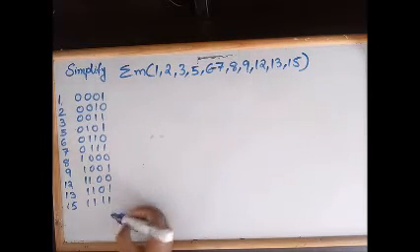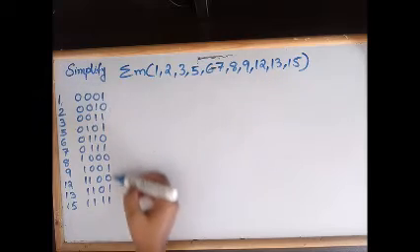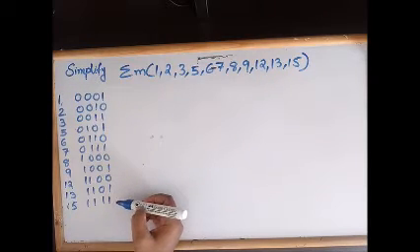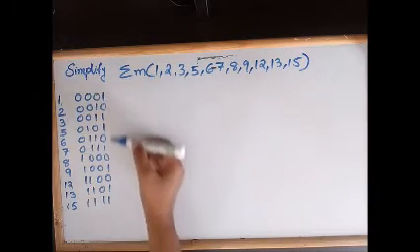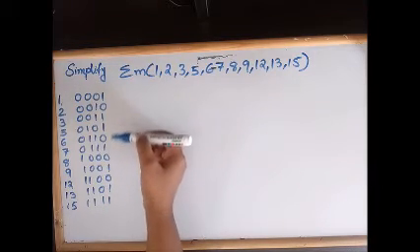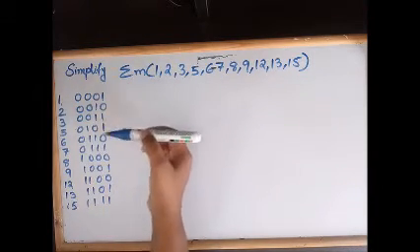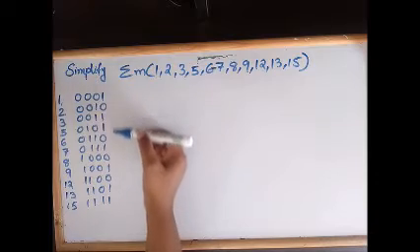Okay, so now we can move to the second step. The second step is to arrange all these min terms in groups with the same number of ones in their binary representation. That means we need to identify the min terms with the same number of ones.